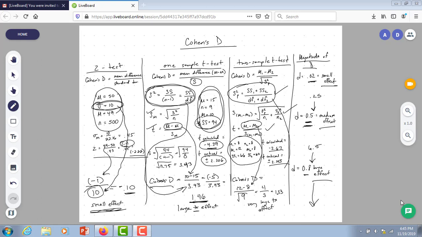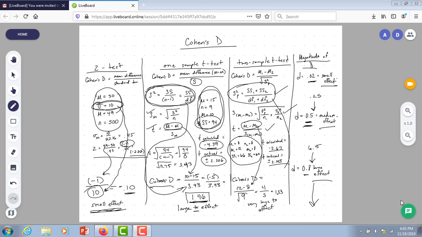You take the mean difference that you found in the numerator for your calculated t, drag that down, and as you can see, you will end up with all that you need to calculate your Cohen's D. This yielded a large treatment effect because it is closest to 0.8 than it is to any of these other magnitudes listed.